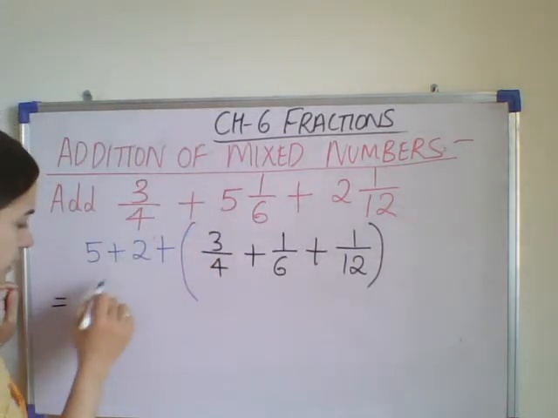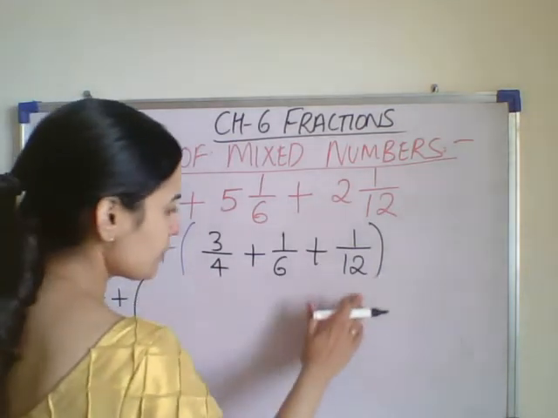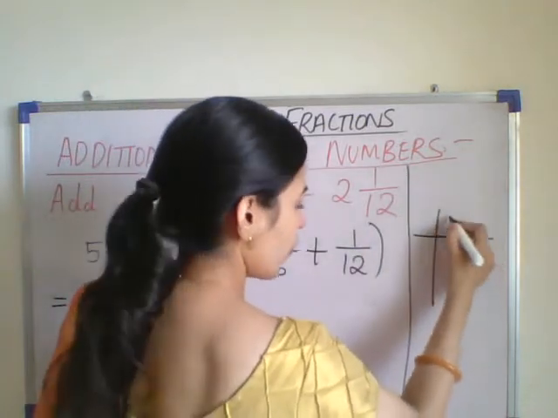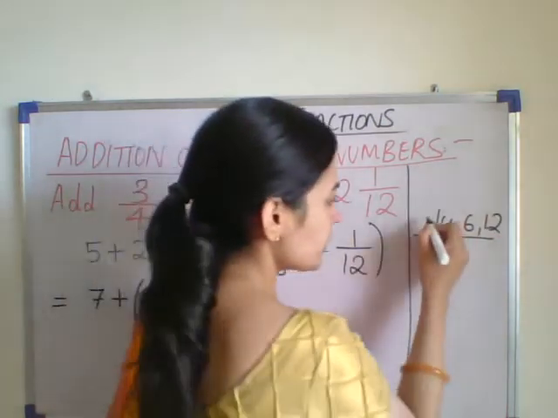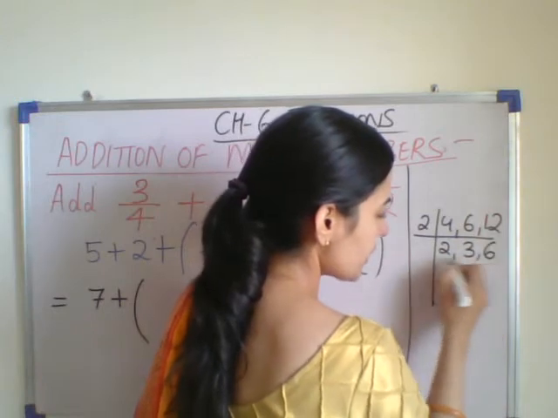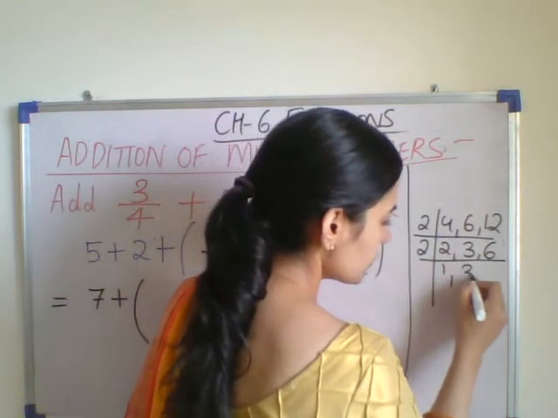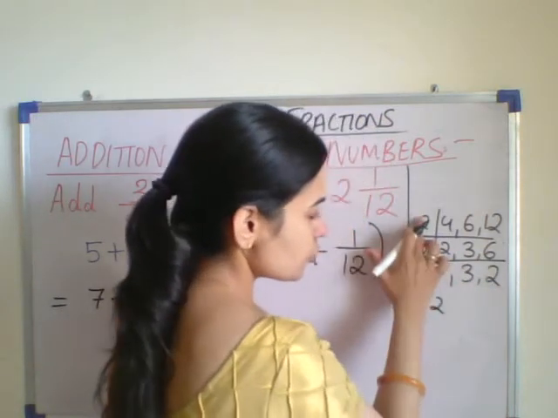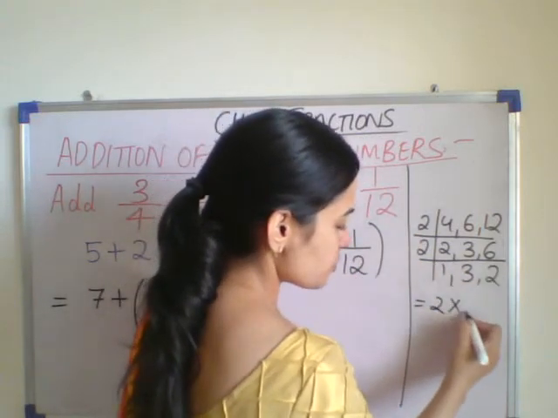Now you have to find the LCM. 5 plus 2 is 7 plus, find the LCM. We have to find the LCM of 4, 6 and 12. So 2 2s are 4, 2 3s are 6, 2 6s are 12, 2 1s are 2, 3, here comes the 2. So what is the LCM? 2 multiplied by 2 multiplied by 3 multiplied by 2.